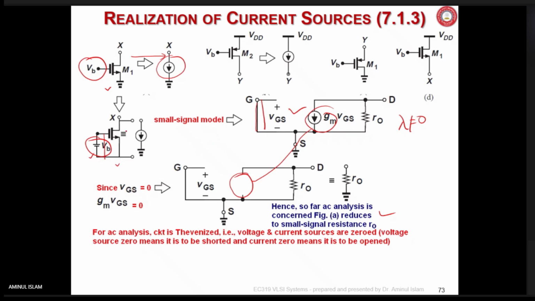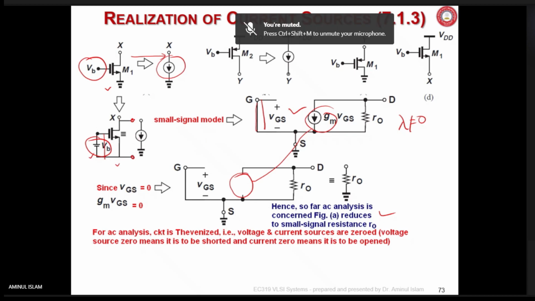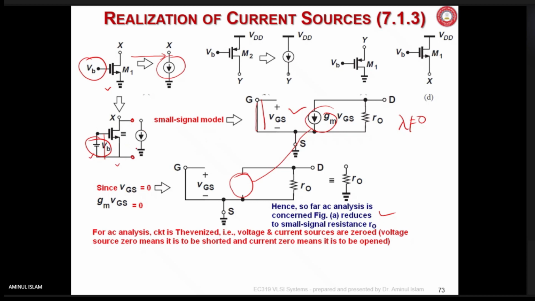Source is grounded. Now, the current supplied by this is here, and the symbol used for this current source is a circle with an arrow inside it. Okay, a down arrow is shown.